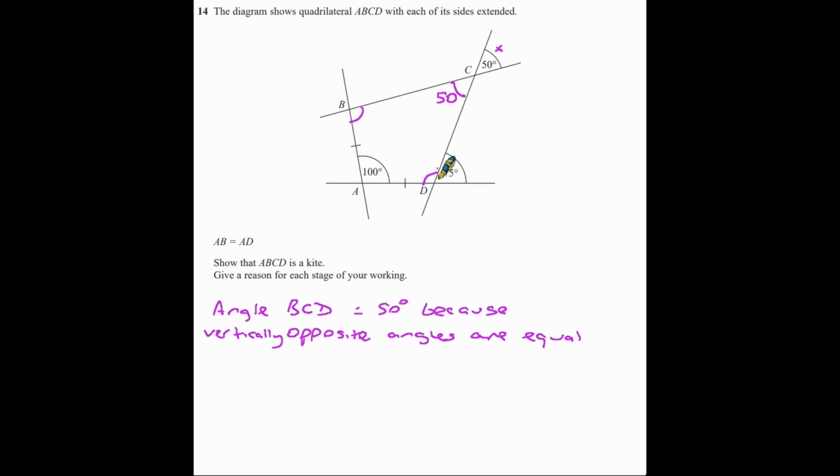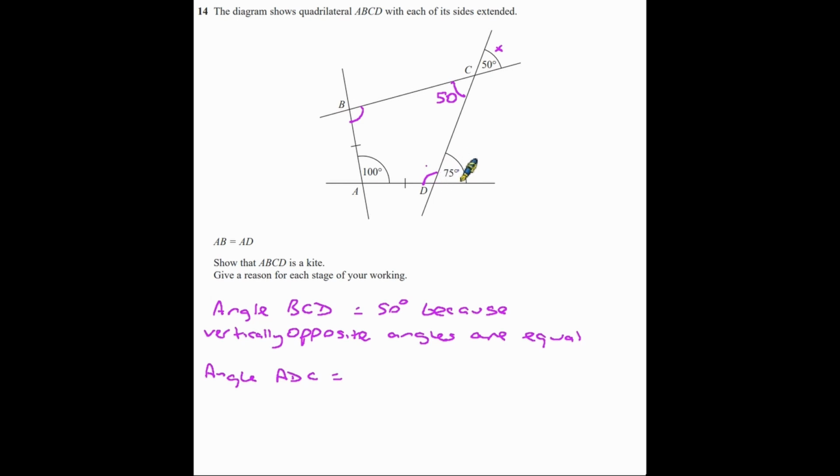The other angle that we can now calculate is ADC, the angle here. So we can say that angle ADC, so let's write that down because we need another law, ADC is equal to. Now the law we're going to use here is that angles on a straight line add up to 180 degrees.